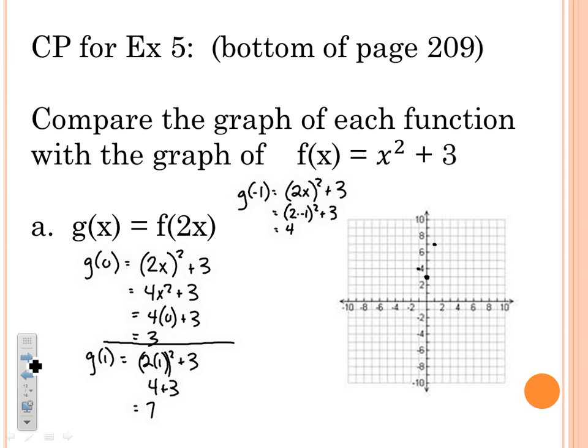Whoops. Negative 1 times 2 is negative 2. Sorry, back it up. Got to do my inside the parenthesis first. So negative 2 squared is still 4 plus 3. That looks better. Because we know we still want to end up with a parabola here. So you can get your tendency now, and you can figure out that the rest of your curve is going to go like this.